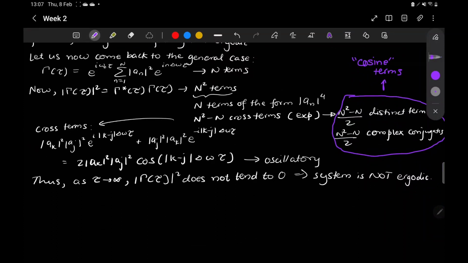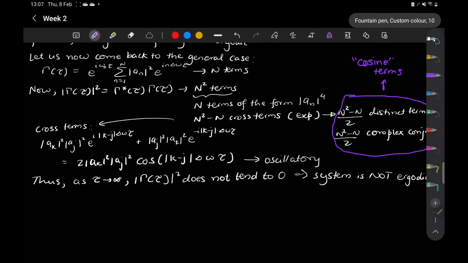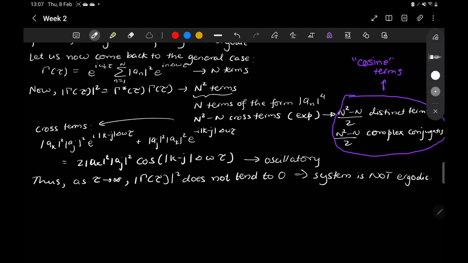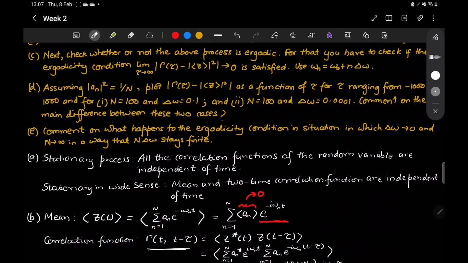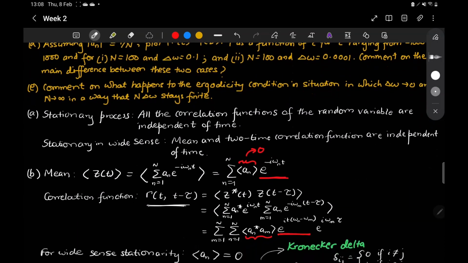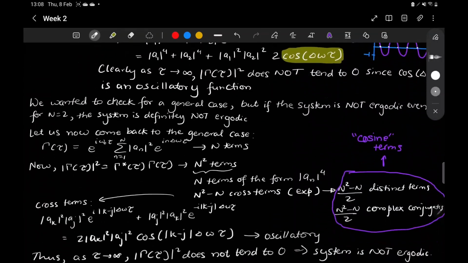I think we can proceed further now. The next part is actually on plotting. So we are given one expression for mod gamma squared, and we are supposed to make a plot with varying values of delta omega. So we will use Mathematica for this.